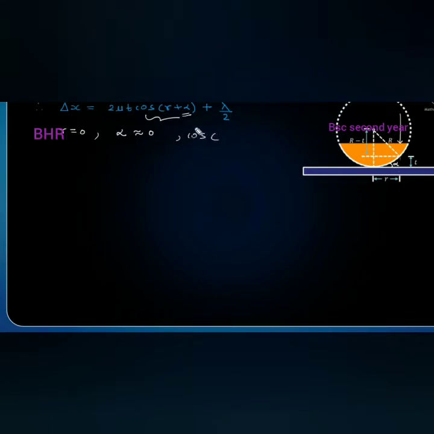Therefore, by using these conditions, the value of cos of (r plus alpha) becomes cos 0, that is equal to 1. These conditions are important: r is the angle of incidence, here the light is vertically incident, so r is equal to 0, and alpha is very small, so the value of cos of (r plus alpha) is approximately equal to 1.